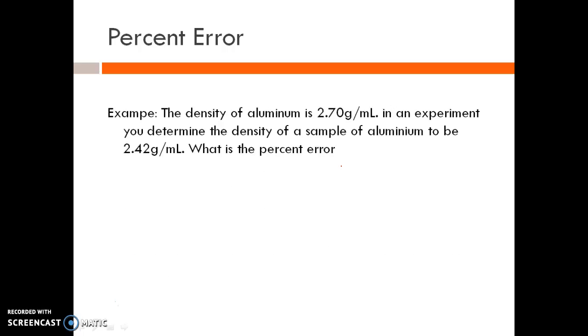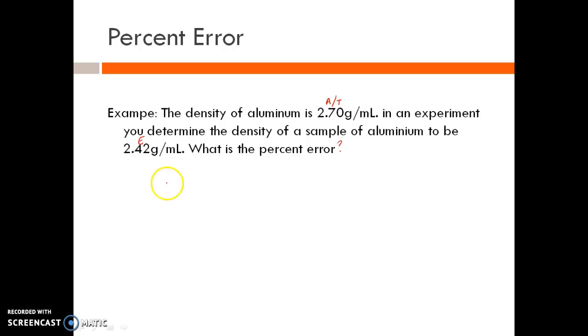So let's do a quick example here. The density of our aluminum is 2.70 grams per milliliter. This is our accepted value, or our theoretical value. In an experiment, you determine the density of a sample of aluminum to be 2.42 grams per milliliter. This is our experimental value. So what is the percent error?